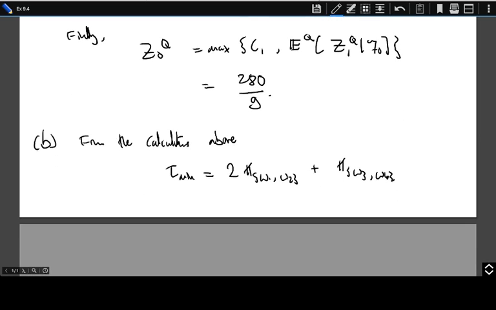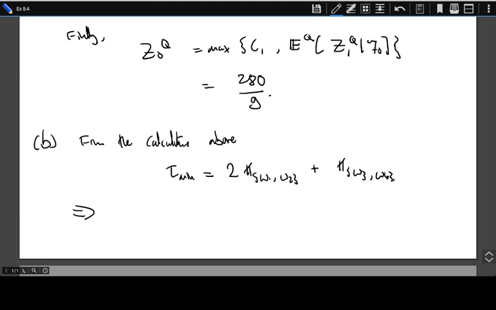We know already that tau max has to be greater or equal to tau min. That follows from some previous exercises. So at least on the event {omega 1, omega 2}, tau max also has to equal 2. That's the terminal time, and tau max must be larger or equal to tau min.